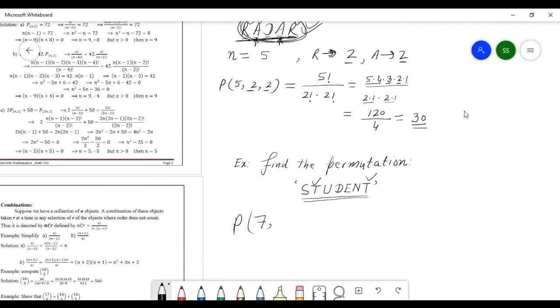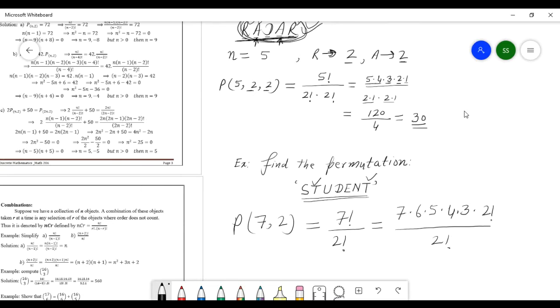T repeated how many times? 2 times. So this will be 7 factorial divided by 2 factorial. This equals what? 7 times 6 times 5 times 4 times 3 times 2. Stop here at 2, so below factorial 2.